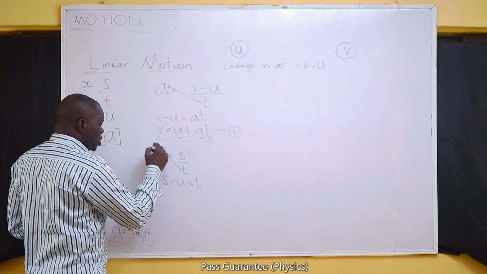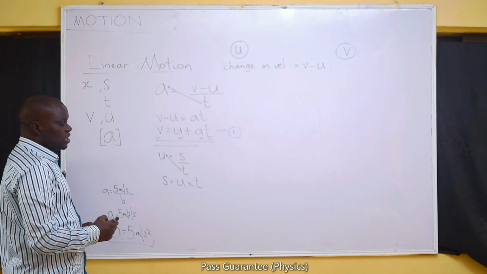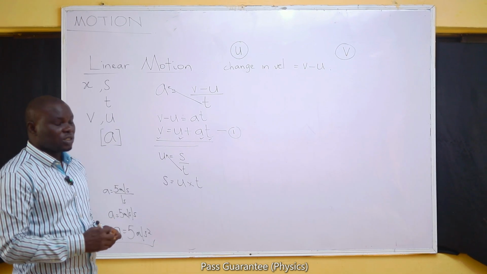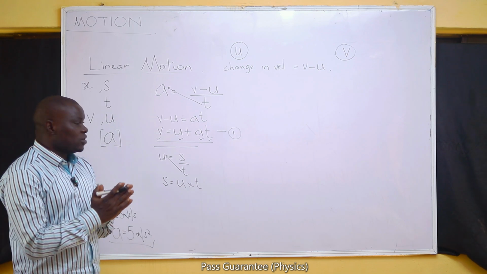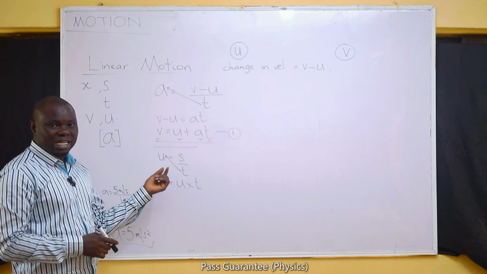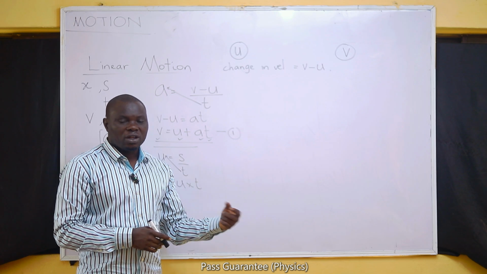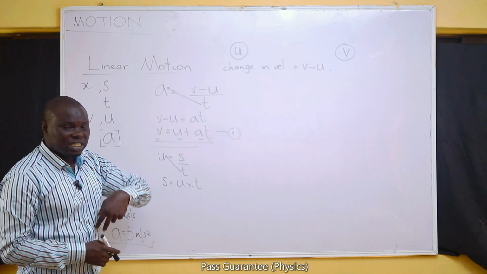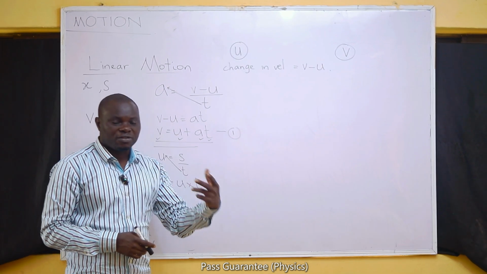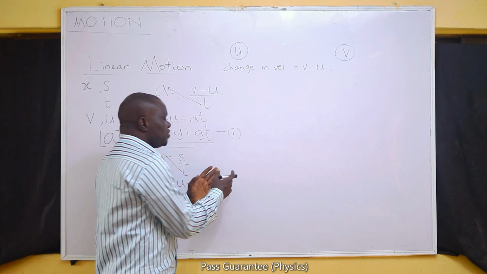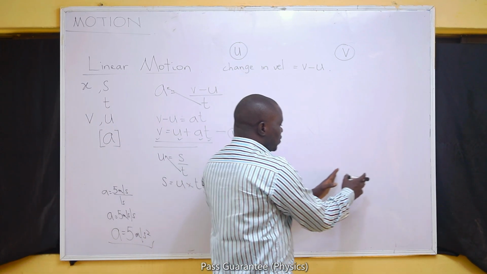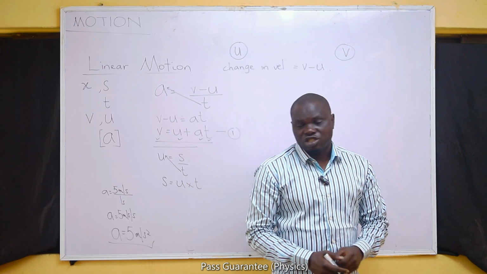But this equation is only true if the object is not accelerating, because it is only when the object is not accelerating that we can just refer to the velocity as u. When acceleration is involved, particularly uniform acceleration, there will be an initial velocity and there will be a final velocity that the object's velocity has changed to.